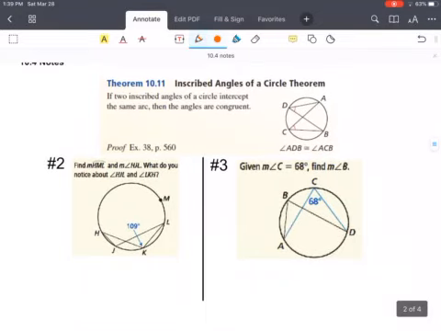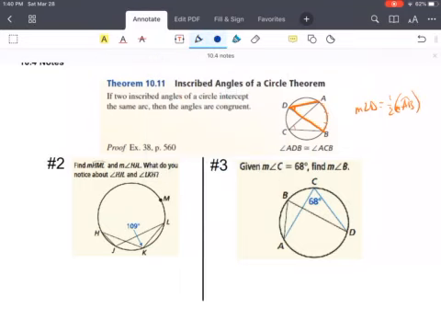Which leads to, when you have two or multiple inscribed angles of the circle, and they are intercepting the same arc. If we look at this theorem here, it says that angle D, which is made up of chord AD and chord DB, clearly intercepts the circle at that arc. So I don't know what angle D is yet, but I do know that angle D is going to be equal to half of arc AB.